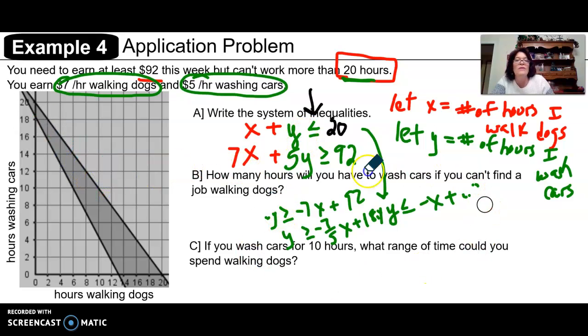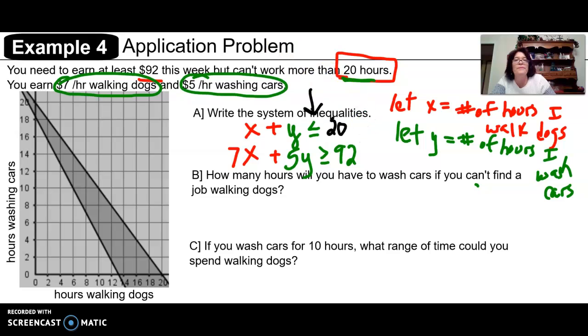Okay, so let's look at the questions they're asking here. I made a mess of this. How many hours will you have to wash cars if you can't find a job walking dogs? In other words, 0 hours walking dogs. If I don't have any hours walking dogs, what did we say, 18.4?